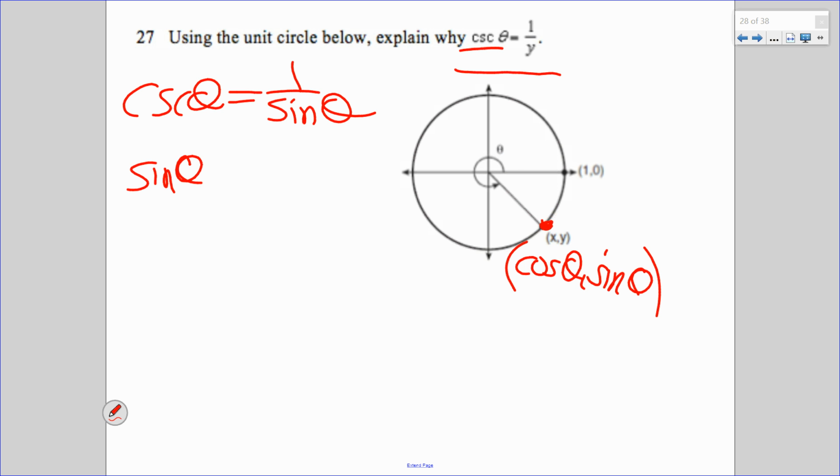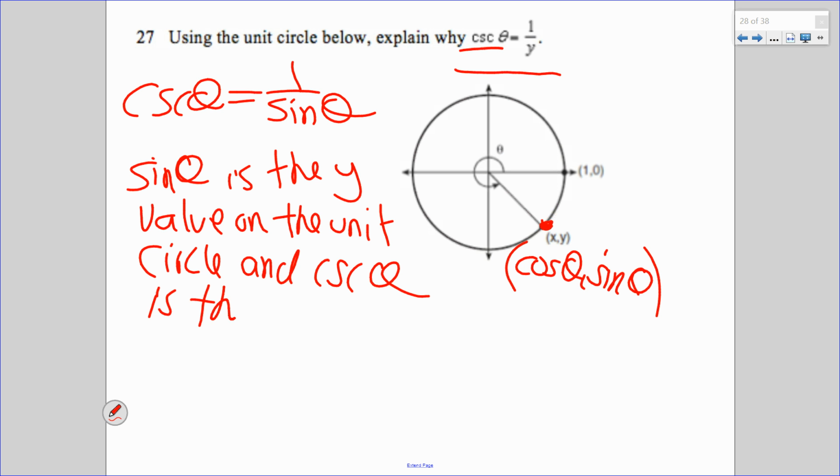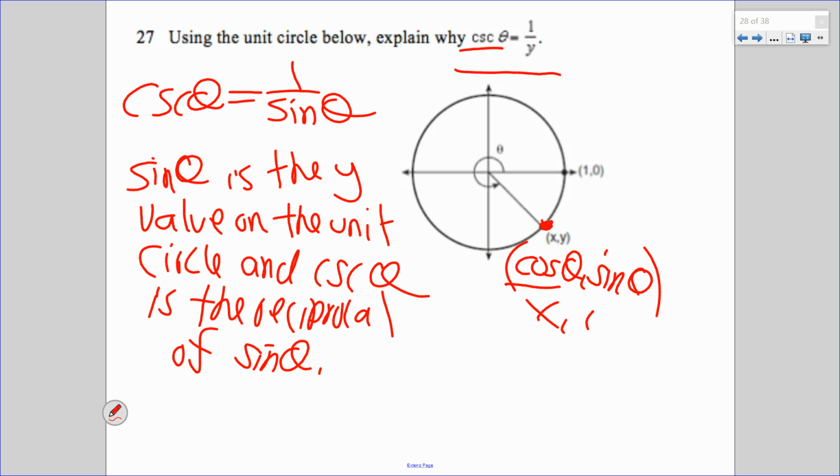Sine of theta is the y value on the unit circle, and cosecant theta is the reciprocal of sine. I don't know what they're going to ask on the unit circle, but they're probably going to ask something. Understand that any coordinate x comma y is cosine of theta comma sine of theta.